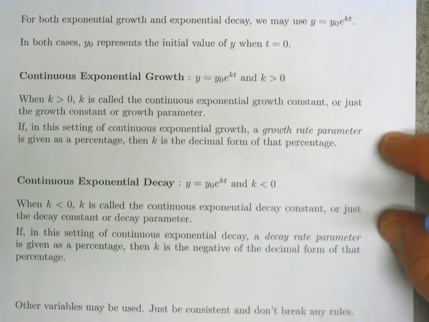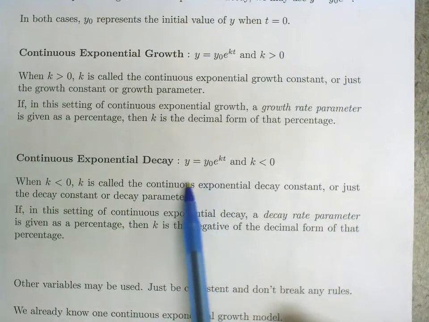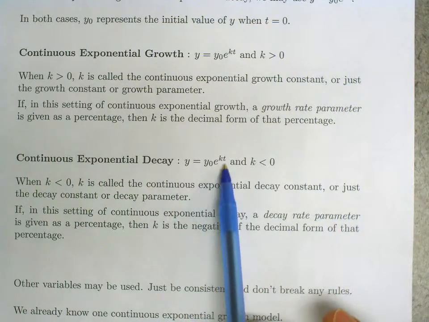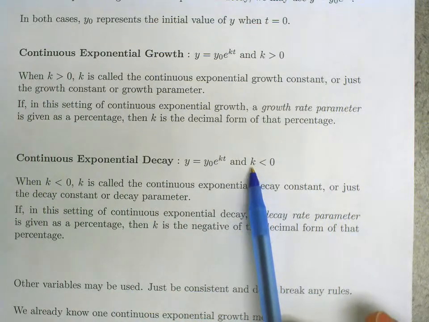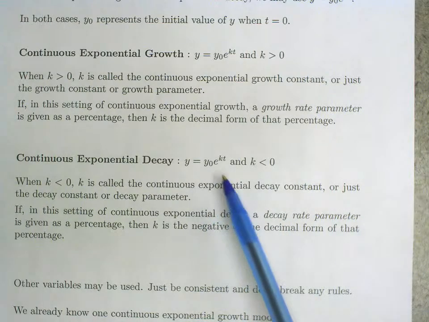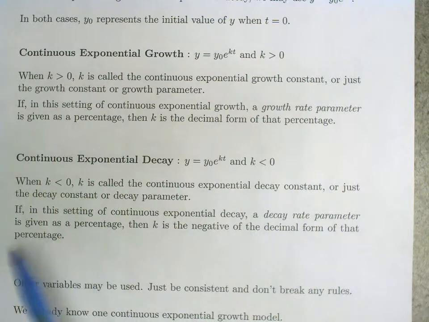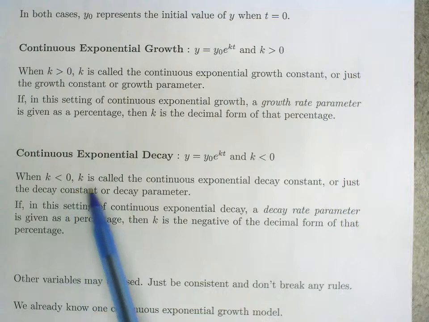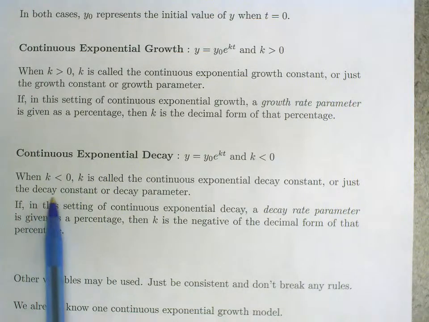Okay, for continuous exponential decay, the model looks exactly the same, y equals y sub 0 times e to the kt, but if it's exponential decay, the number k is negative. So you can always tell just by looking whether it's exponential growth or exponential decay. When k is less than 0, k is called the continuous exponential decay constant, or just the decay constant or decay parameter.